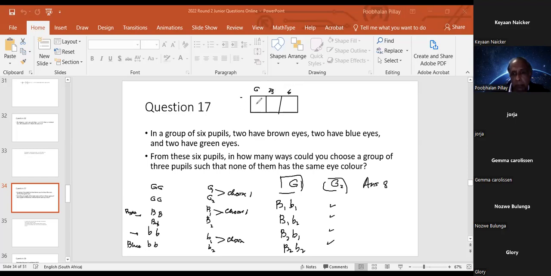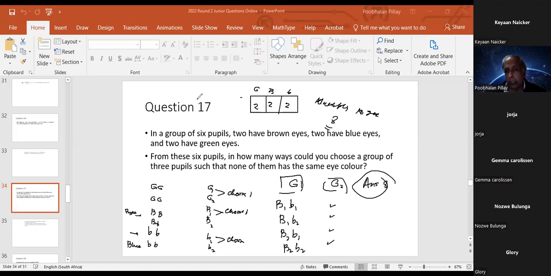Now this box can be filled in 2 ways. You can either have G1 or G2, and this one here also 2 ways, and this one here is also 2 ways. Because you could have the first guy with the blue eyes and the second guy with the blue eyes, right? And to find out the number of ways, there's a very simple way of doing it. You find out how many ways each one can be done, and then multiply. Two times 2 times 2. And you see it's the same answer.